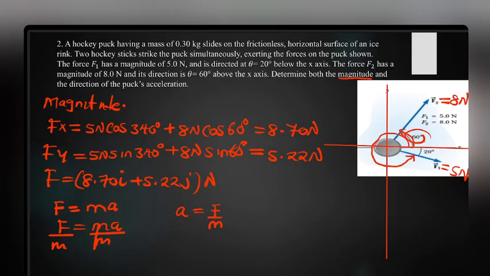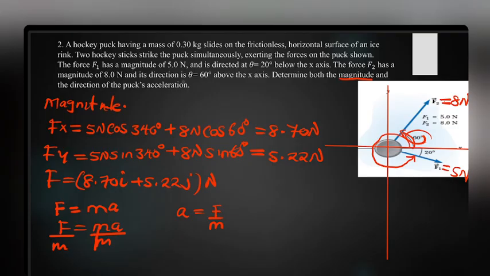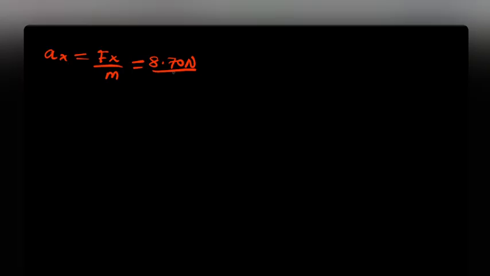The force is 8.70 newtons over the mass of the hockey puck, which is 0.30 kg. So this will give us 29 newtons per kg.